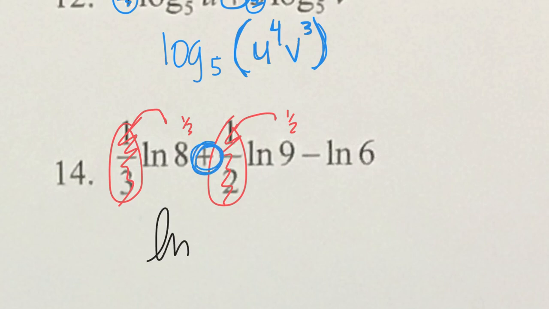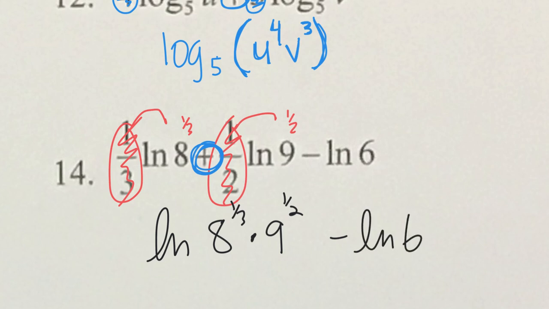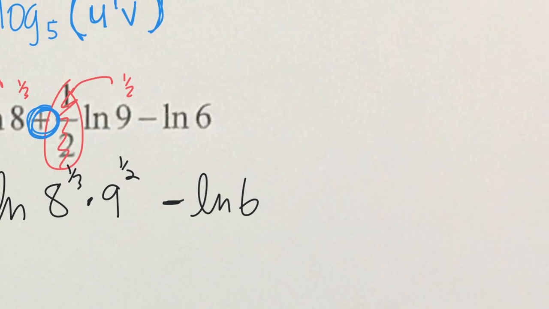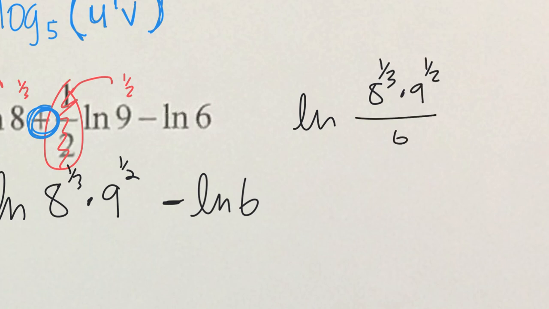So natural log of 8 to the 1/3 times 9 to the 1/2 minus ln 6. And then subtraction becomes division. So natural log of 8 to the 1/3 times 9 to the 1/2 over 6.